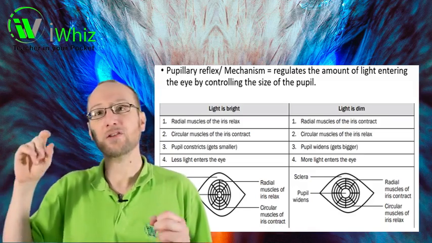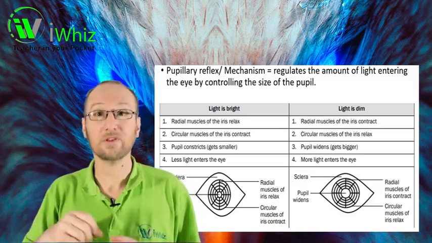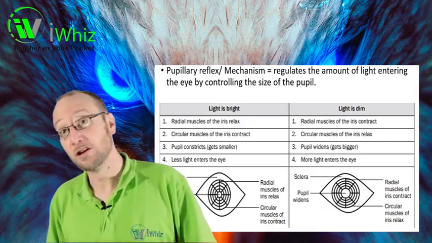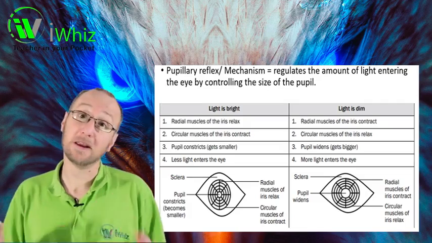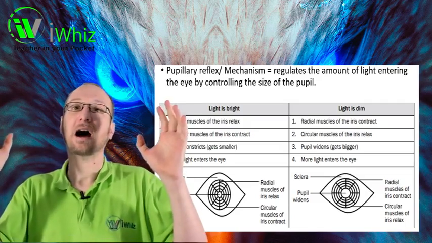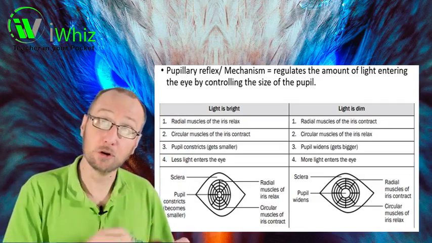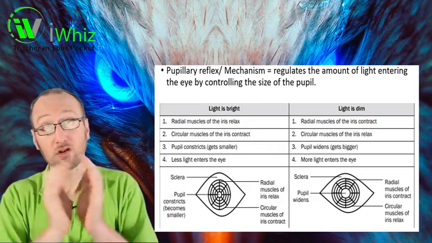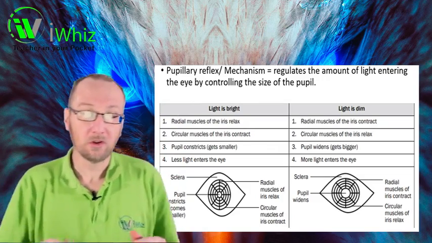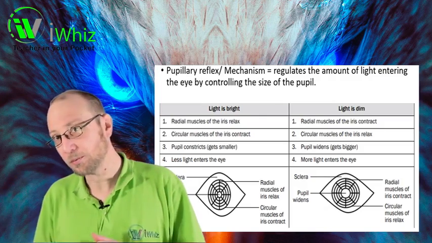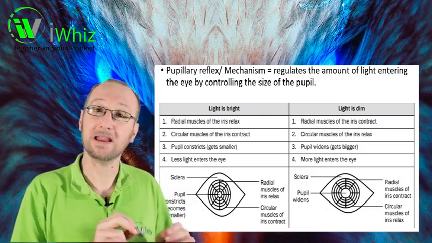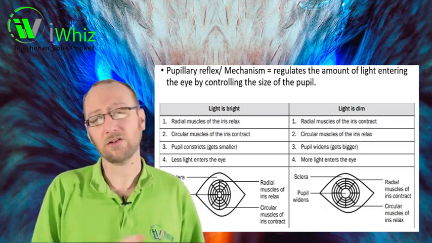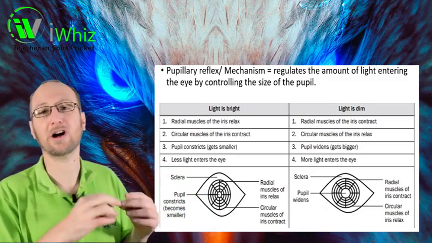Because the radial muscles are relaxing, they lengthen. The circular muscles are contracting, so they're getting smaller. This means that the size of the pupil gets smaller. Because the pupil is smaller, less light is able to enter the eye. This will happen, for example, when we stand in bright sunlight.